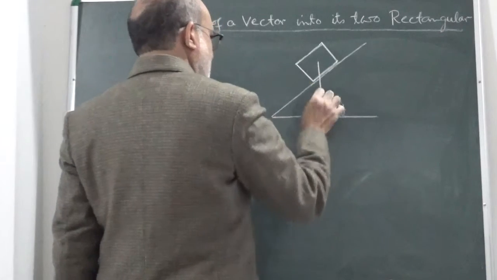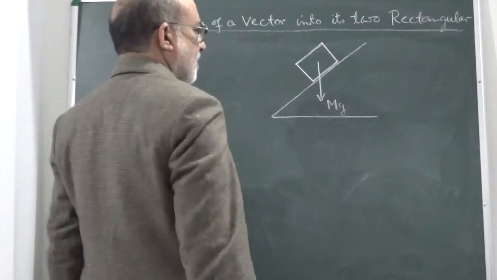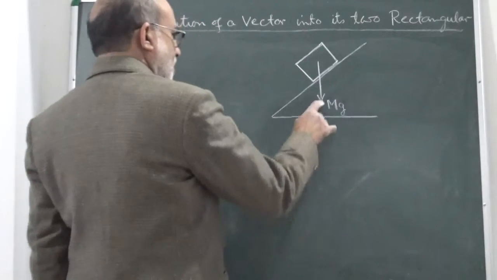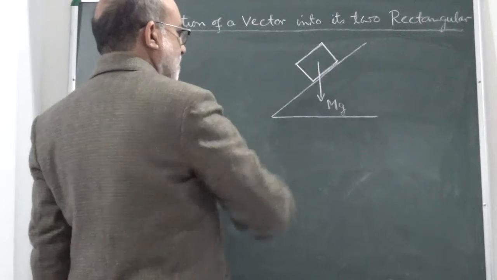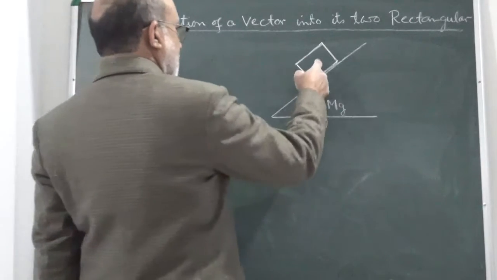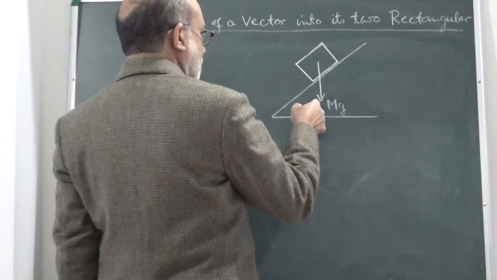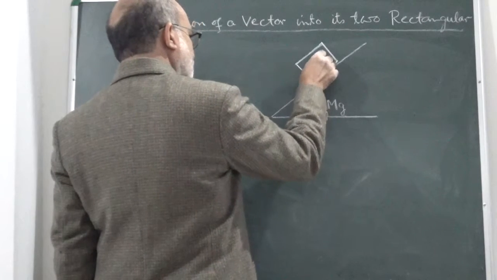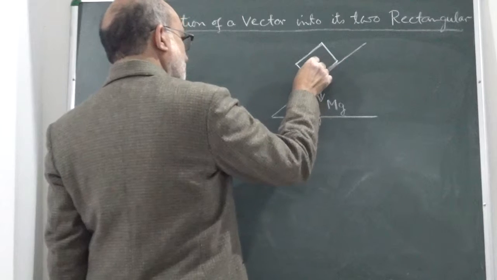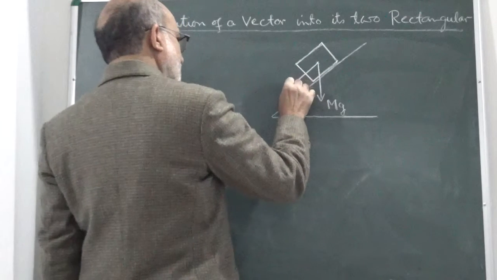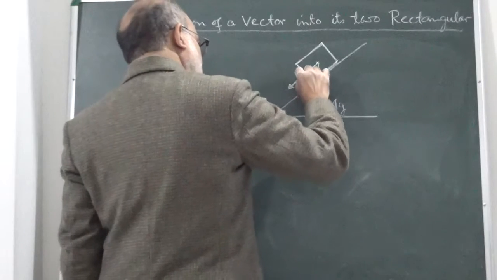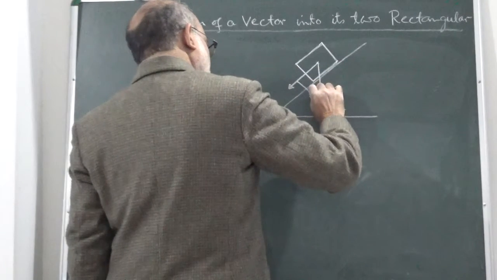It is a vector quantity, the force acting towards the center. Now you can resolve this in order to explain the motion. What we'll do is resolve this vector into two rectangular components. The first choice will be that the first component must be along the inclined plane, and another component will be perpendicular.